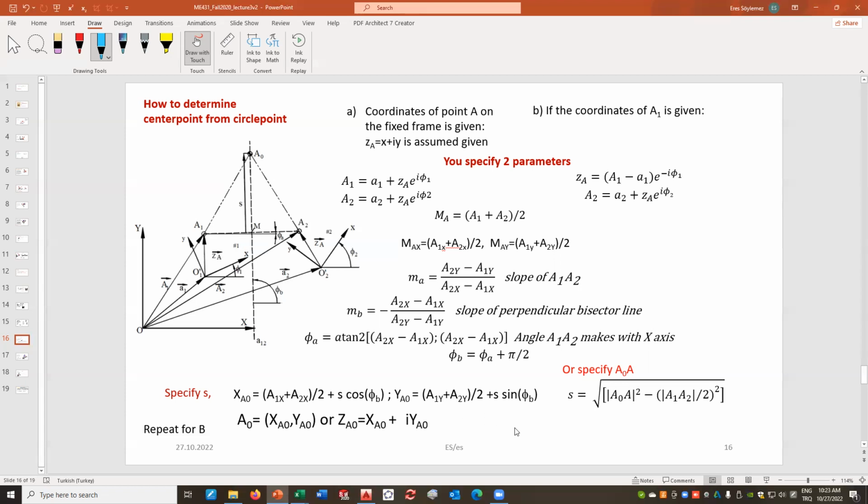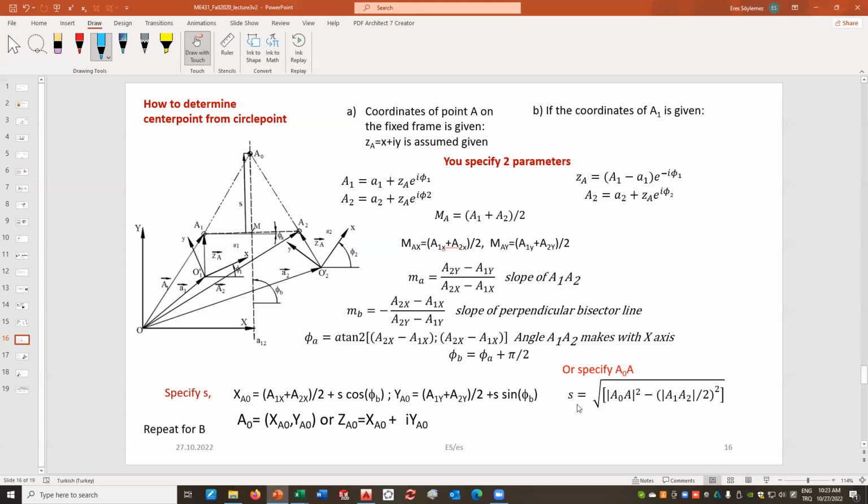To do this, notice this distance S is equal to the square root of A0A squared minus (A1A2 over 2) squared. This is because A1, M, A0 is a right-angled triangle, and A0A1 is its hypotenuse.